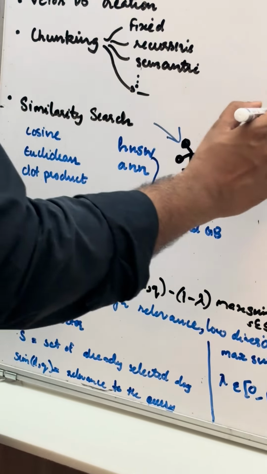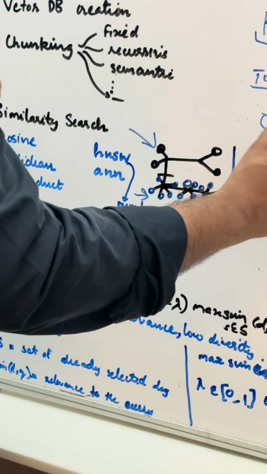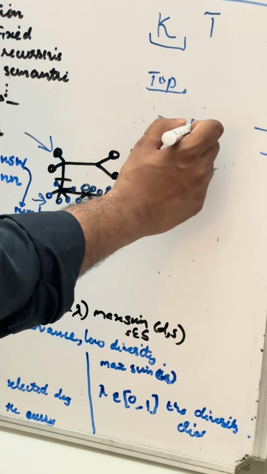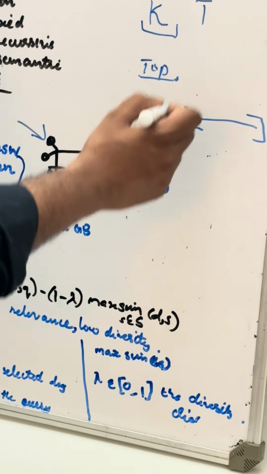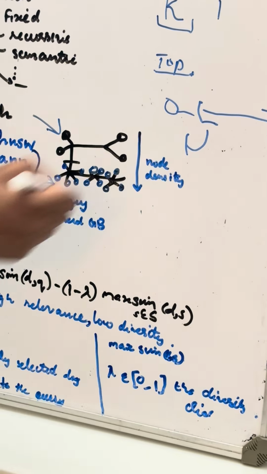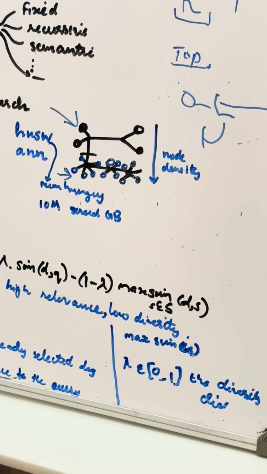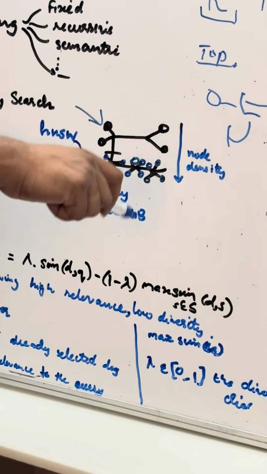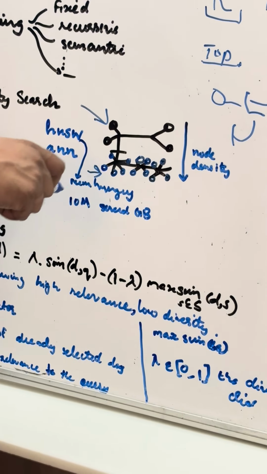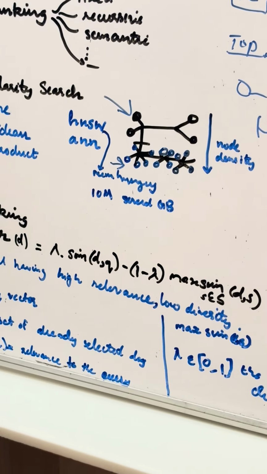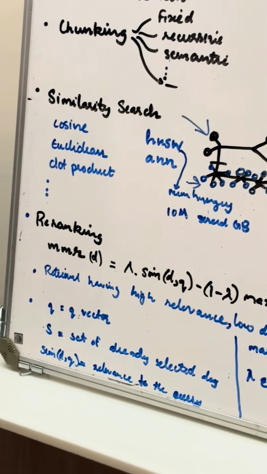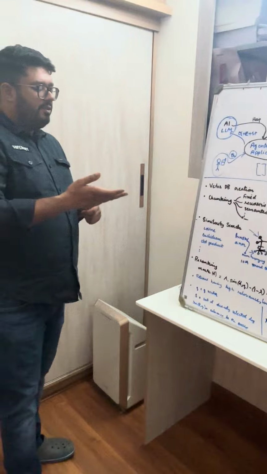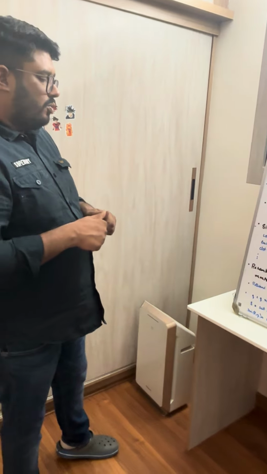So each node is basically a chunk of vectors that are stored like a list, but actually it's a vector when you transpose it. So that is what hierarchical navigable small world is. This is a greedy algorithm to fetch the data. The only caveat is that it is memory intensive. It might take several GB to store 10 million vectors.